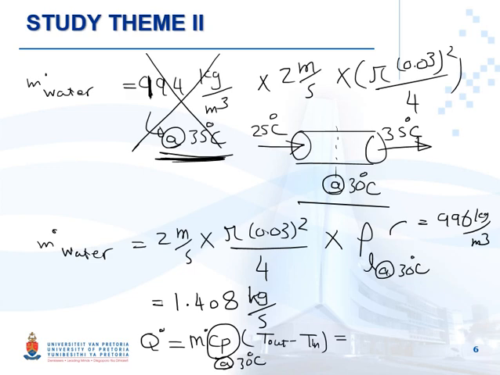So if we put all those numbers, the Q dot will be equal to 58,830 watt. So what is this Q dot? It is the rate of condensation as well as the heat transfer rate and the rate of cooling water.